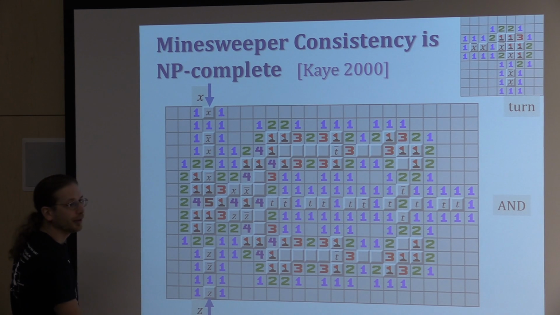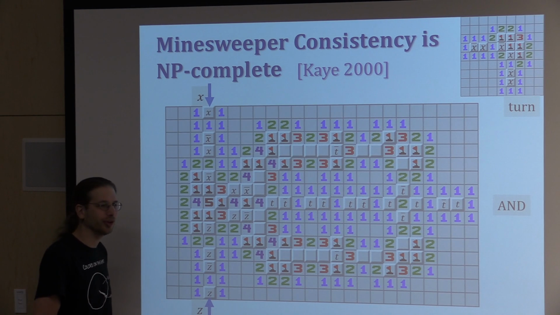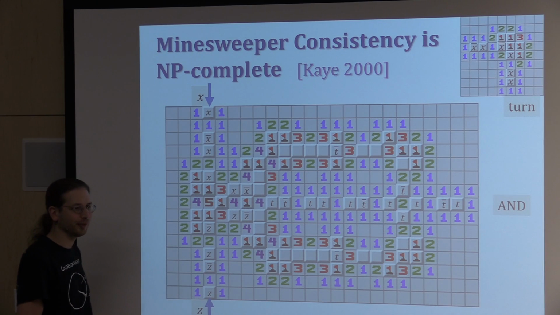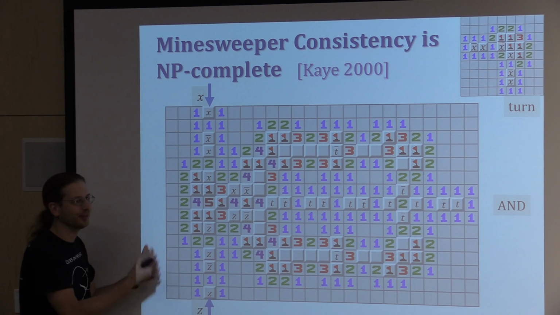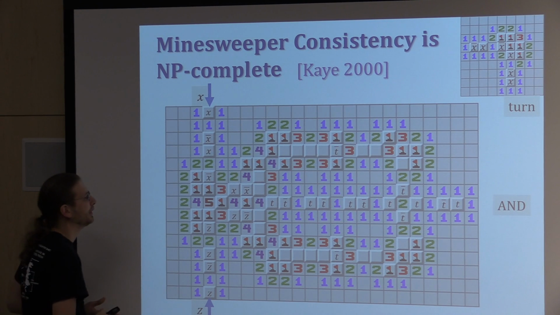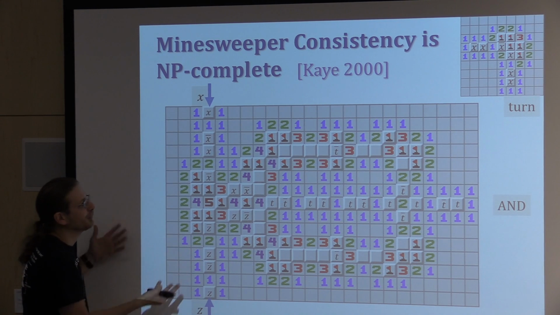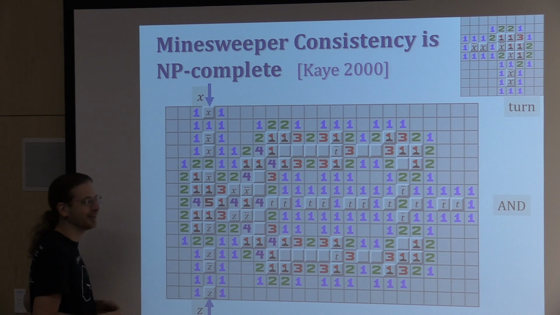Is coming up with these gadgets harder than checking them? Good question. It's unclear. Often when you're designing things, you have a lot more control, and it could potentially be easier to design hard problems than to check them. Because we know it's NP-complete to check this, so in a certain sense. Yeah, I mean, of course, in this case, there's only 4 cases, so it's not really that hard.